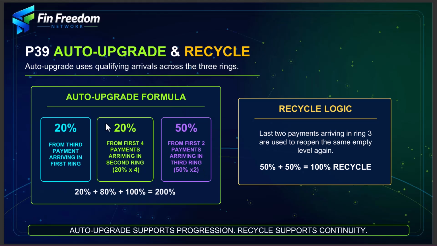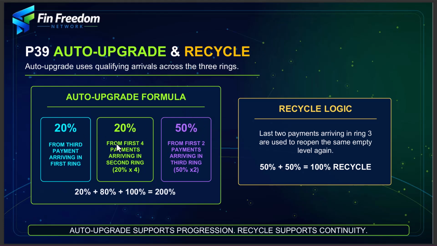So the system is not going to withhold your money in the name of auto upgrade without you earning anything. Okay? When the money enters your third payment in first ring, 20% will be locked. The same with this one, the same with this one.